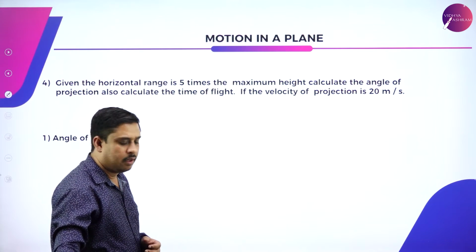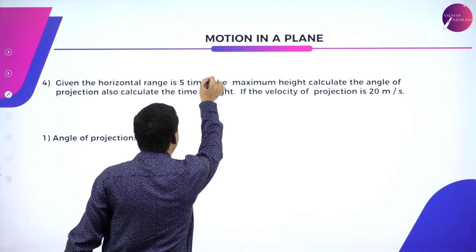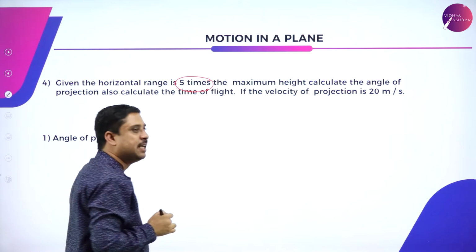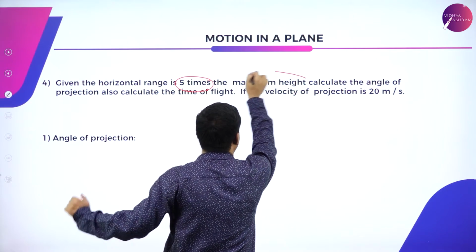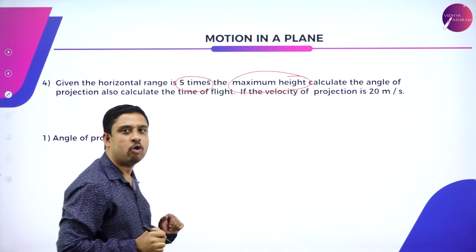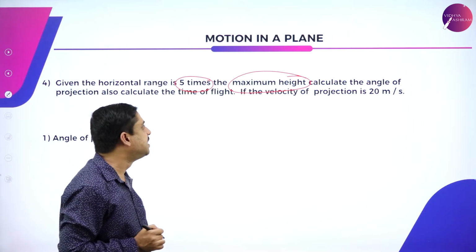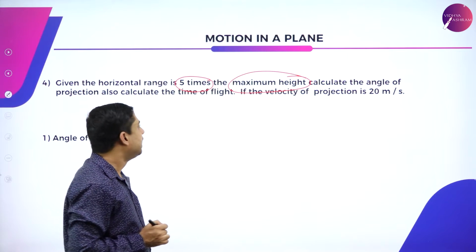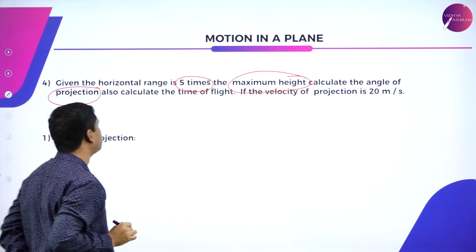Now, given the horizontal range is 5 times the maximum height. Now, the range is 5 times the maximum height. Calculate the angle of projection.